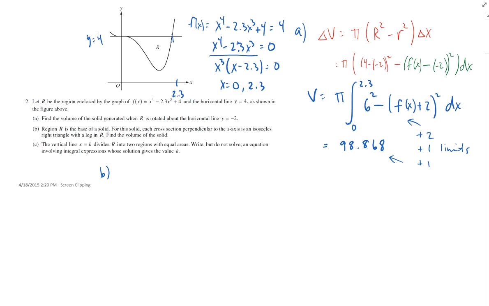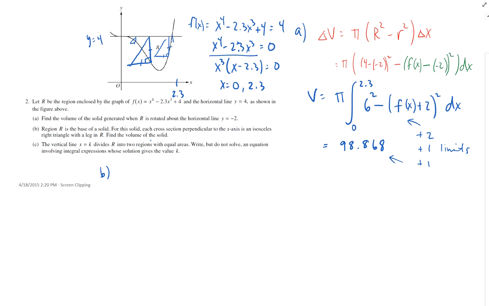For each solid, the cross-section perpendicular to the x-axis is an isosceles right triangle with a leg in R. So perpendicular to the x-axis, it comes down like this, and then coming out of the screen is a right triangle where that is congruent to that. This one over here comes out of the screen, isosceles right, and this one over here is also an isosceles right triangle. You get the picture.